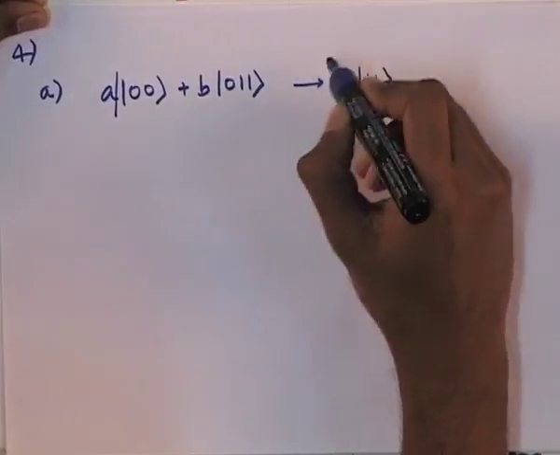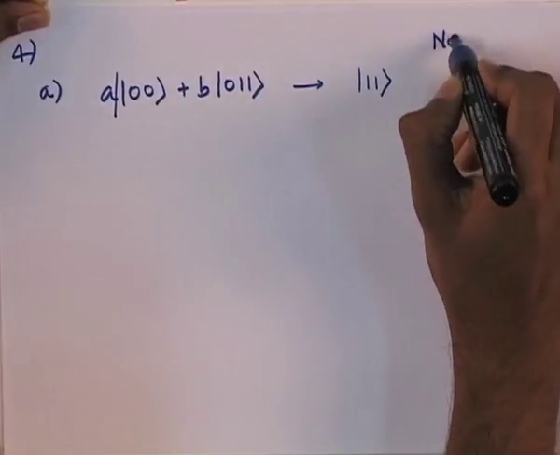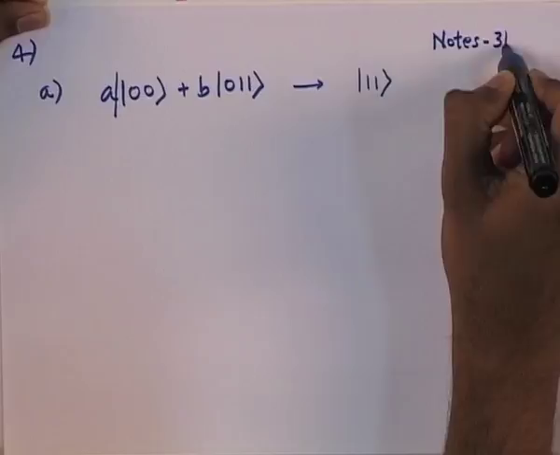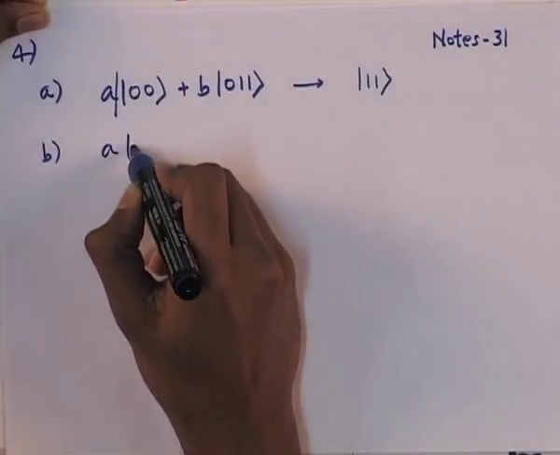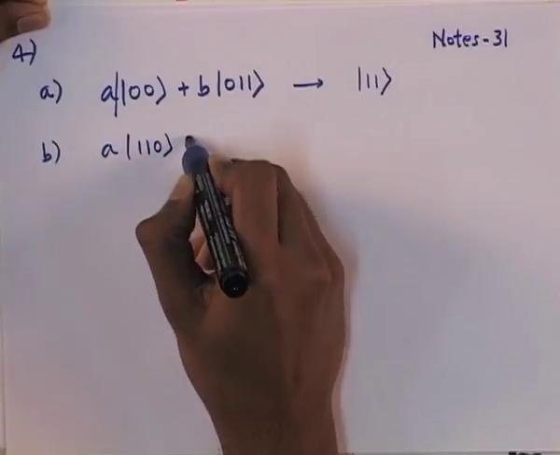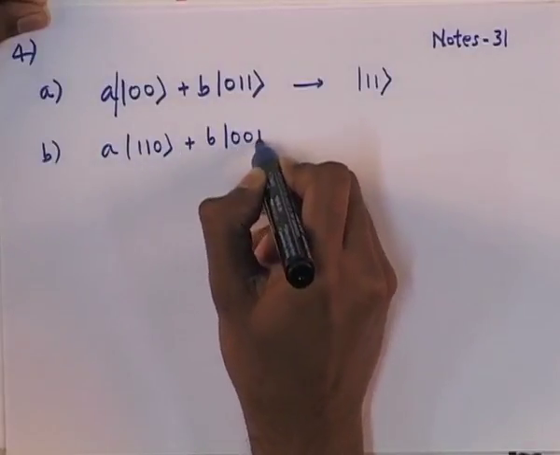You can see these correspondences from lecture notes 31. Option B is A110 plus B001.